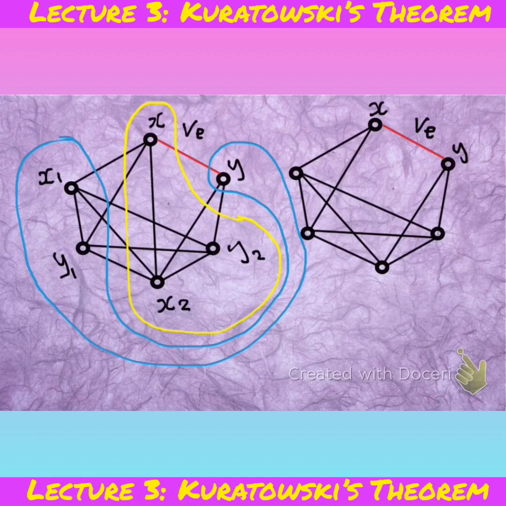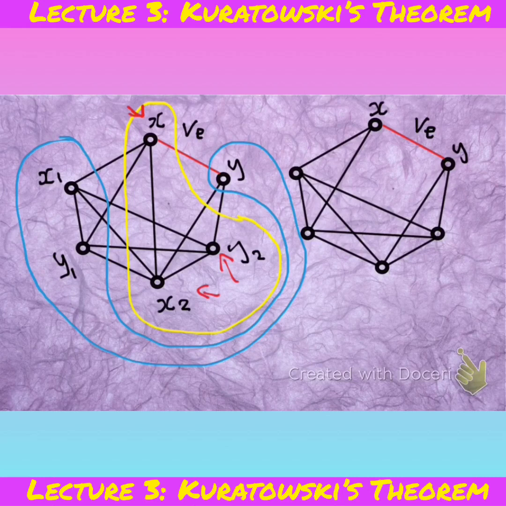Note that x is adjacent to all the vertices in the blue set. y2 is adjacent to every vertex in the blue set, and x2 is adjacent to every vertex in the blue set. Also note that y is adjacent to every vertex in the yellow set. y1 is adjacent to every vertex in the yellow set, and the same is true for x1.